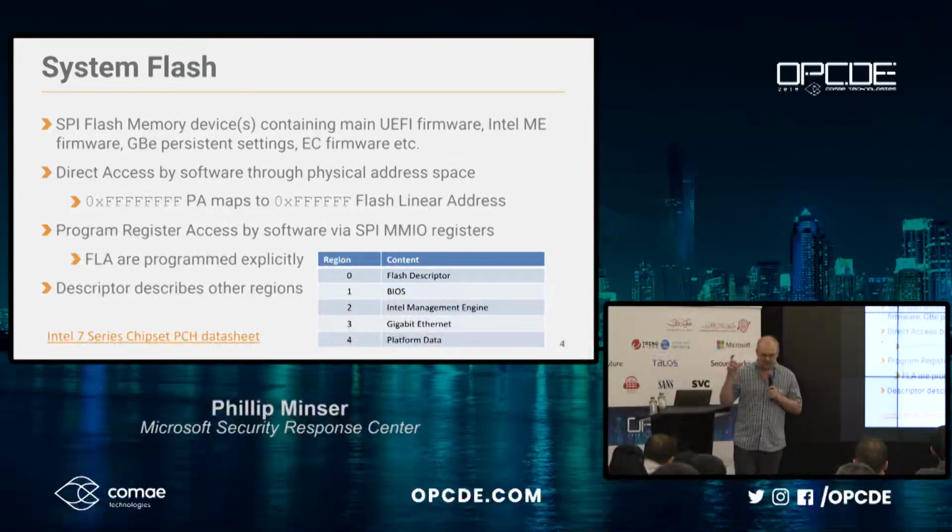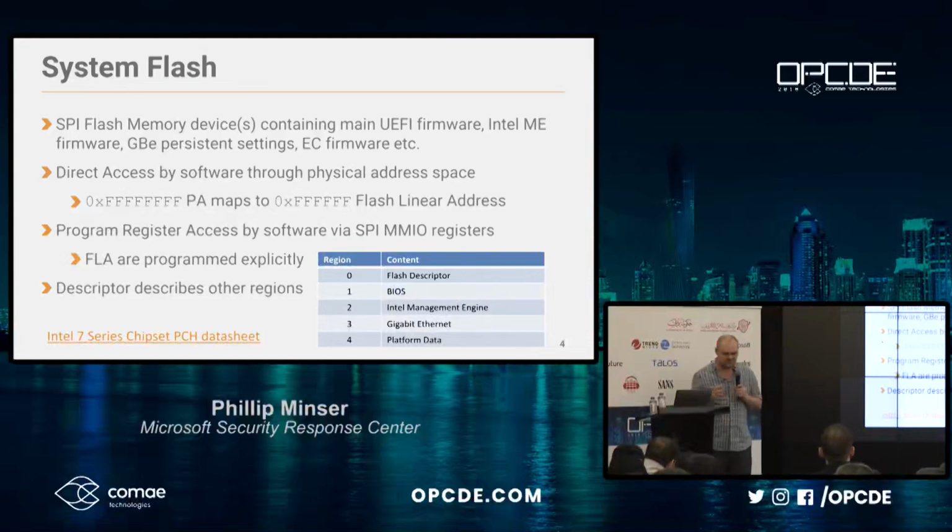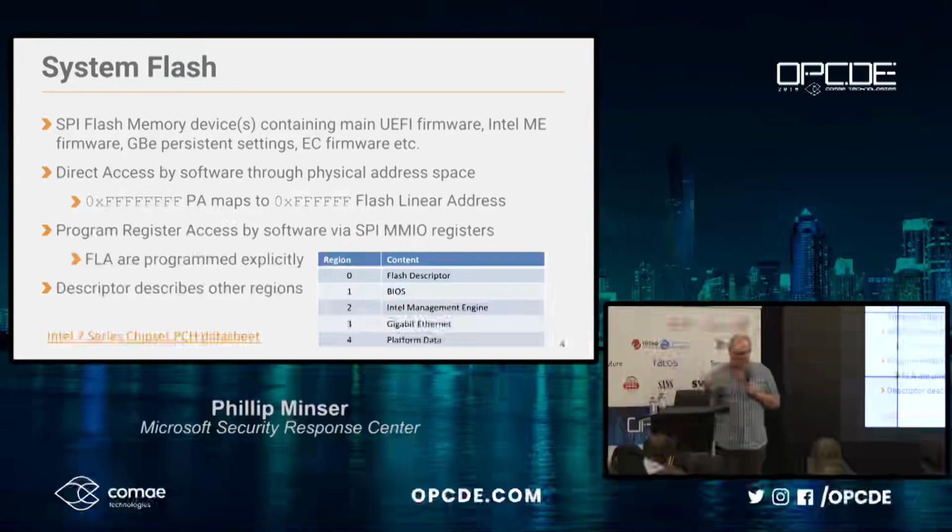The SPI flash has regions. The regions are basically logical blocks of the SPI flash. The minimum logical block is 4 kilobytes. The first logical block is the flash descriptor, which will be the main object of discussion for today. It is also called the SPI descriptor. The second region is the BIOS or system firmware region. Then there is the Intel ME region.